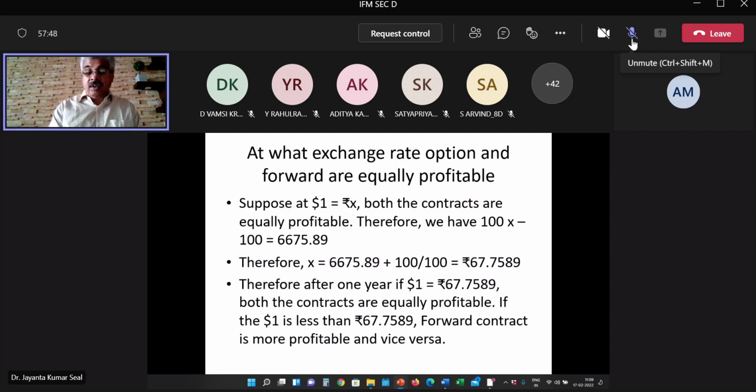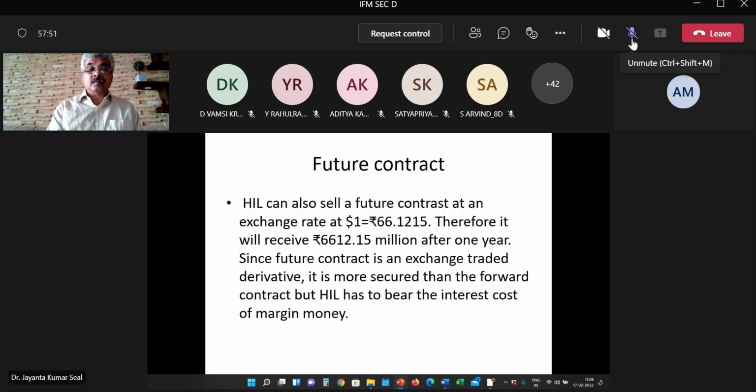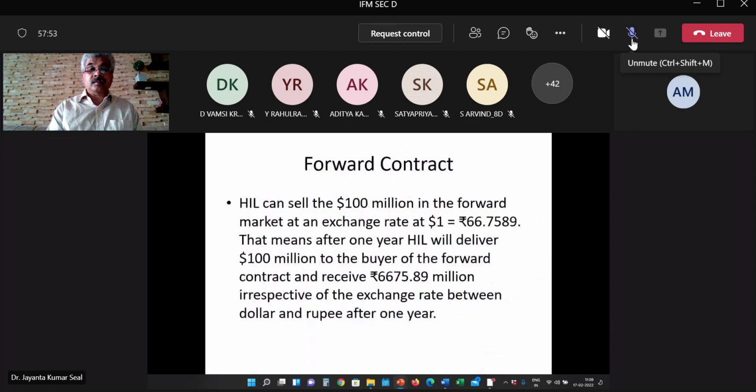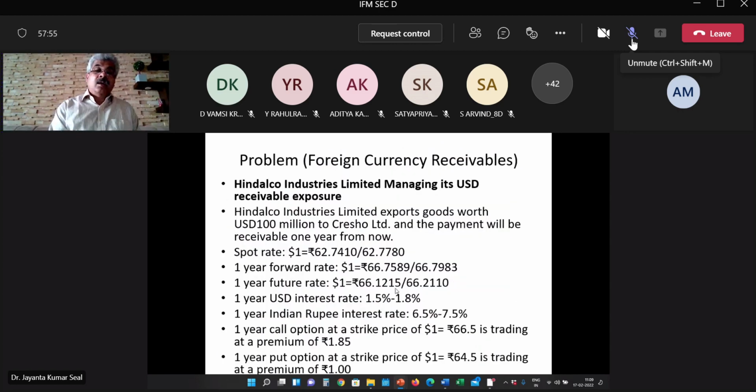Just tell me one thing. If the rate is more, which one is profitable, forward or option? Suppose forward is also 64.5 and the put option strike price is also 64.5.